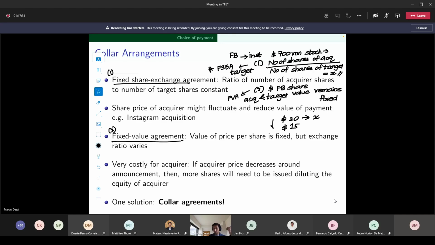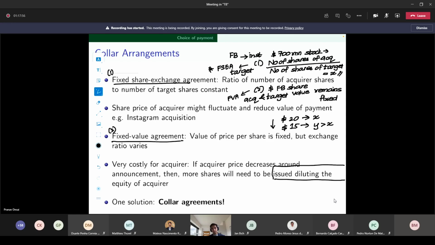What happens is that it has to offer an exchange ratio which is larger than X. So it has to issue more shares compared to what it would have otherwise. So as the acquirer, you might actually end up diluting the base of your own ownership.